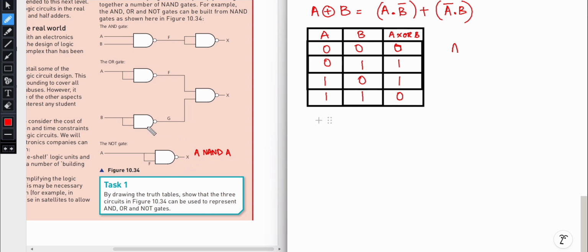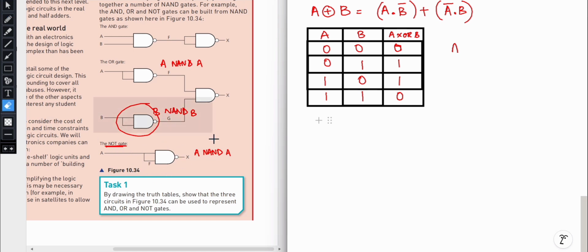And when we are talking about the OR gate, this portion is A NAND A, and this portion is B NAND B. But this portion is also the same as this one, which is actually a NOT gate.